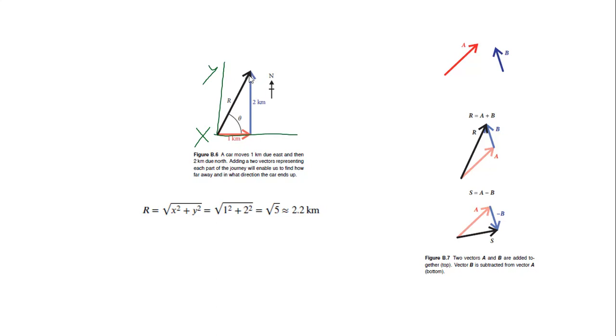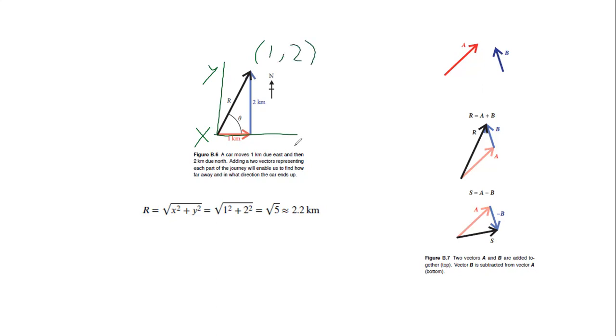So, well, what do we know about the final vector? Well, we know its position on the x and y. We know its position here is 1, 2.